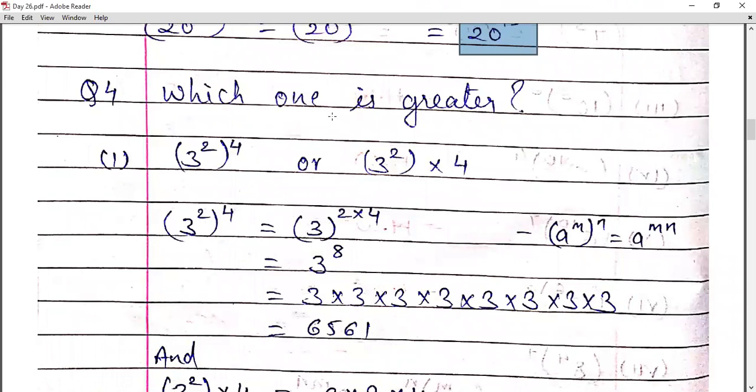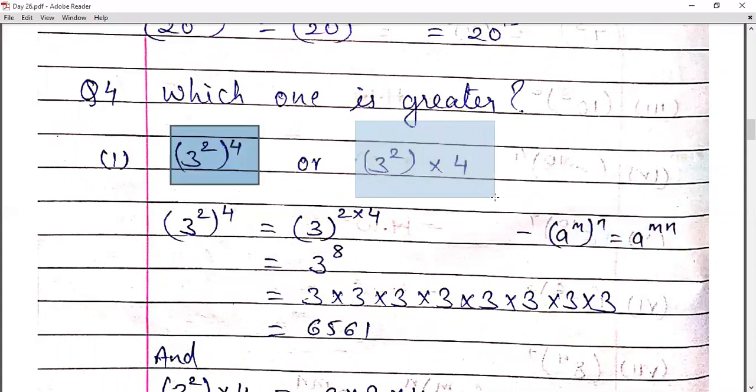Question 4, which one is greater? It is based on the same law, (a^m)^n equals a^(mn). So in order to find which one is greater among these two given numbers, first we will have to find their values.